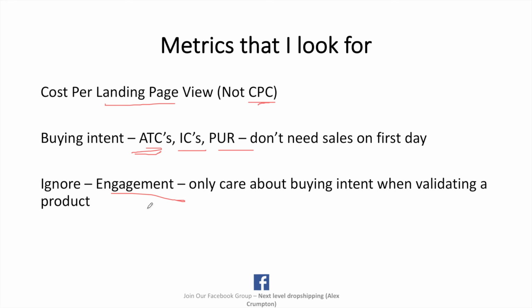What happens when you've got a lot of engagement is it means that the ad itself or the video that you've created is going viral, but people don't actually want to purchase the product. They just like tagging their friends and sharing it because it's a funny video or something like that. Although it's good to get engagement, it's definitely an added bonus. If you're not getting any of this stuff, then there's no point in trying to scale because you're just going to keep losing money. So this is by far the most important. This is just an added bonus to help your ad go viral.